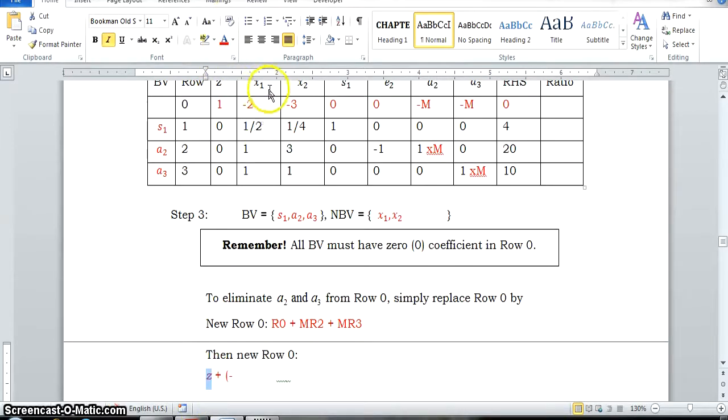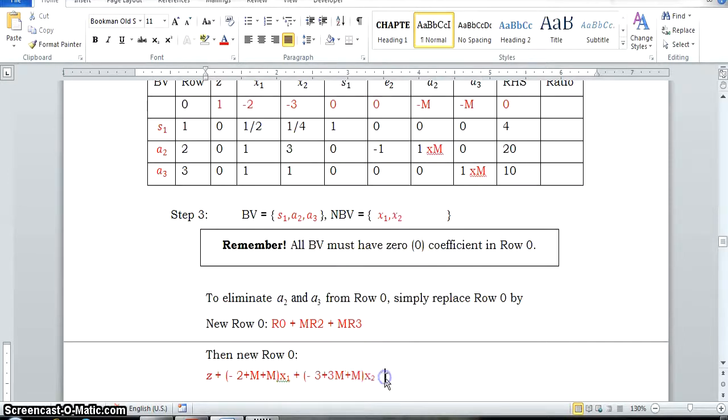Next, in column X1, we have negative 2 in row 0 plus M times 1 in row 2 plus M times 1 in row 3. Next, for column X2, we have negative 3 plus 3M plus 1M.